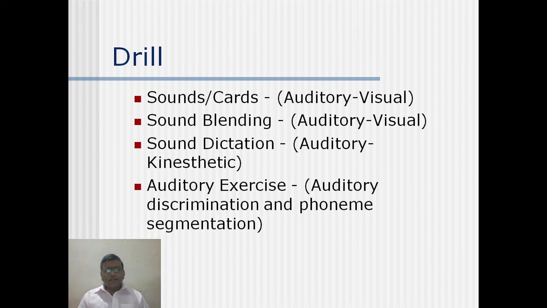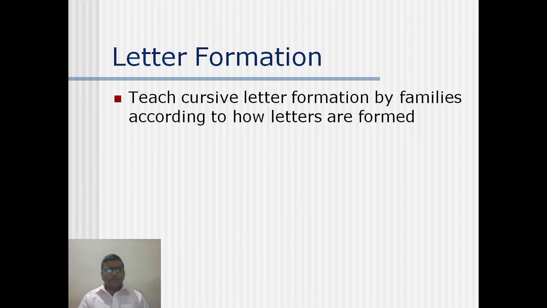Drill: here we can take sounds or cards, both auditory and visual. Sound blending, that is auditory, visual. Sound dictation, that is auditory, kinesthetic. Auditory exercise, auditory discrimination and phonic segmentation.